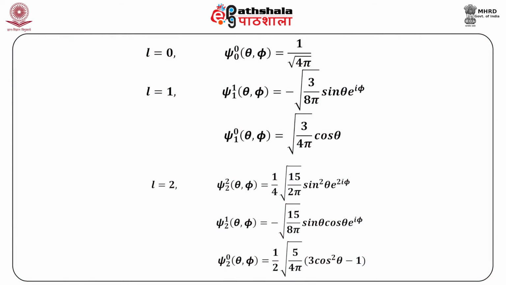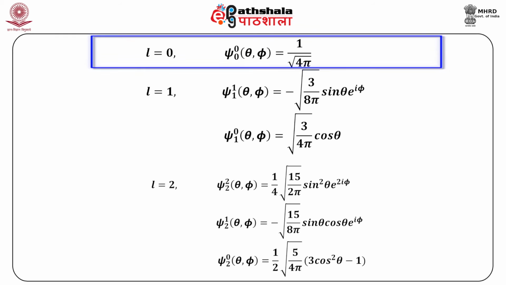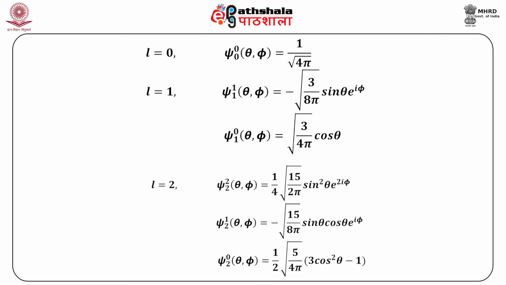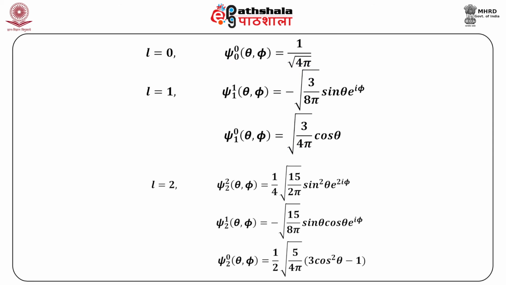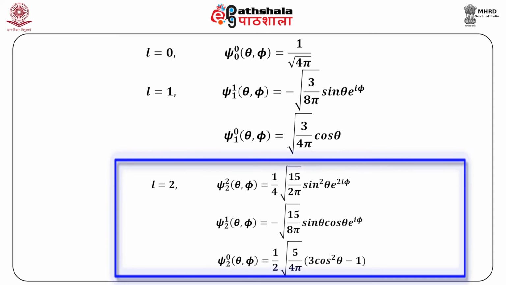Some of the wave functions of the rigid rotator for different values of L are given in this table. You can see first is the wave function for L is equal to 0, and then we have the wave function for L is equal to 1. You can see how it looks. Then we have the wave functions for L is equal to 2.